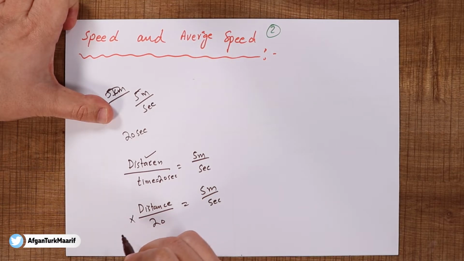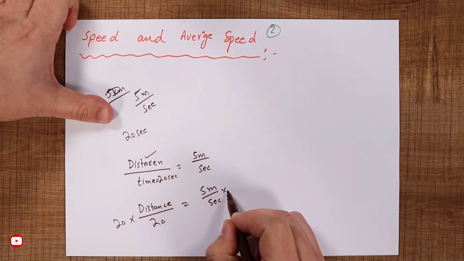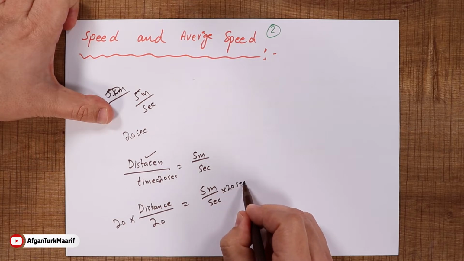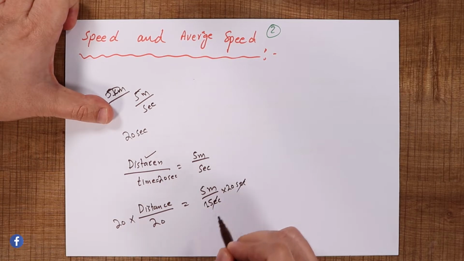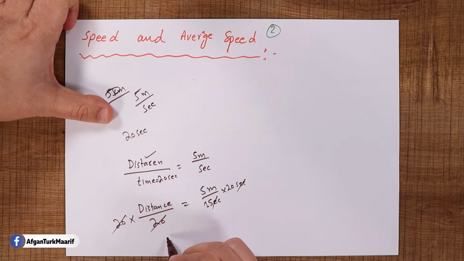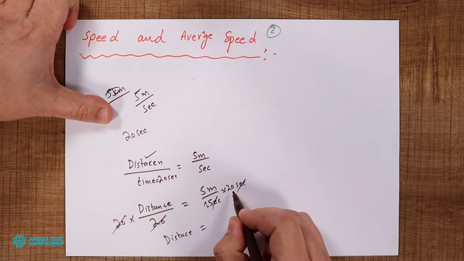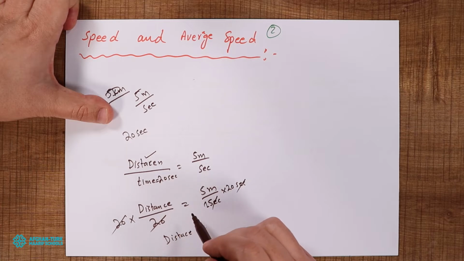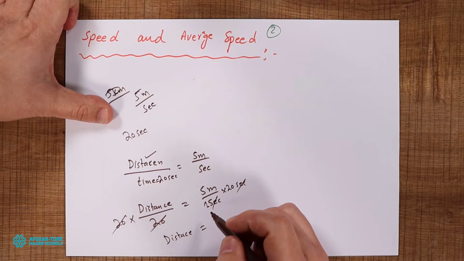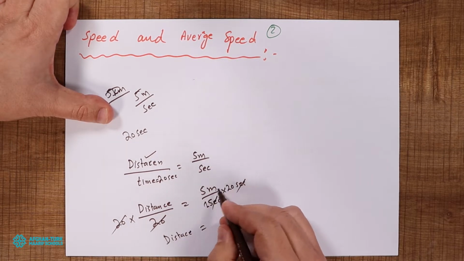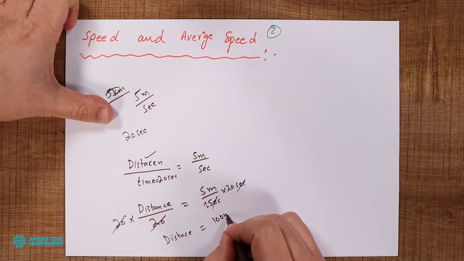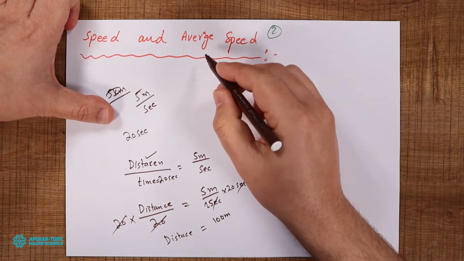Multiplying both sides by 20 seconds, the seconds cancel and the 20 cancels. So the distance covered by this object or human body after 20 seconds is 100 meter.